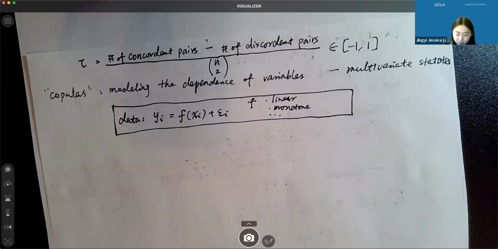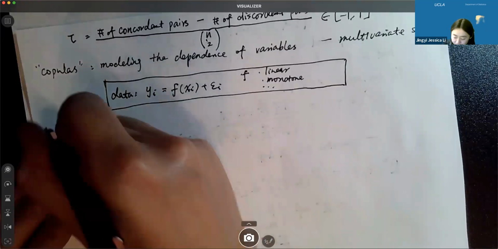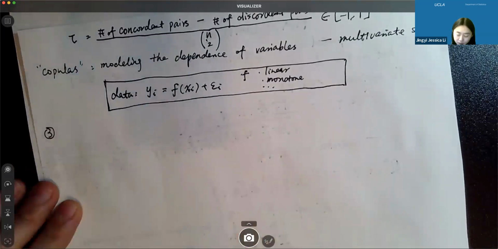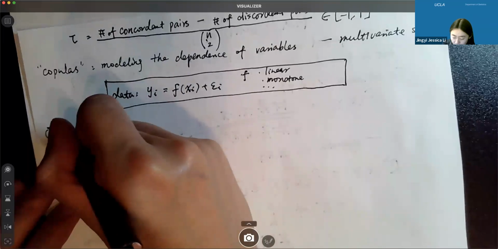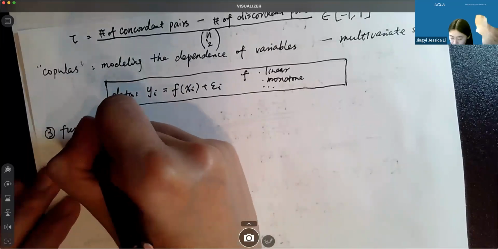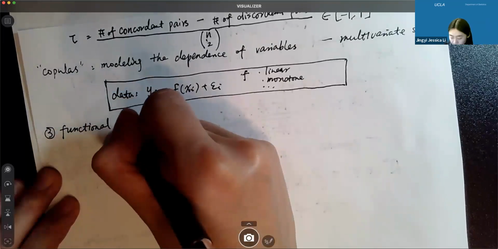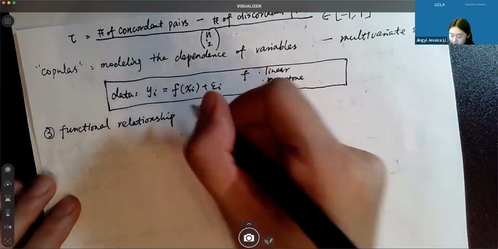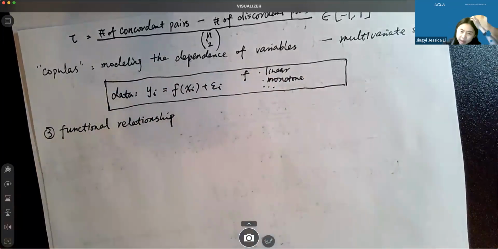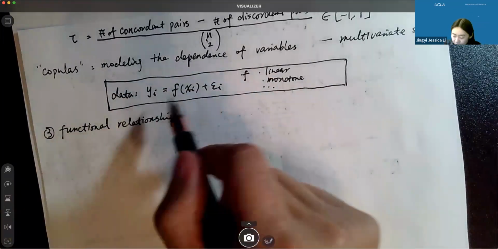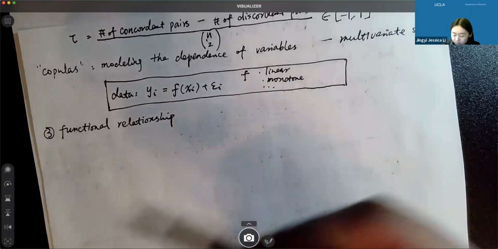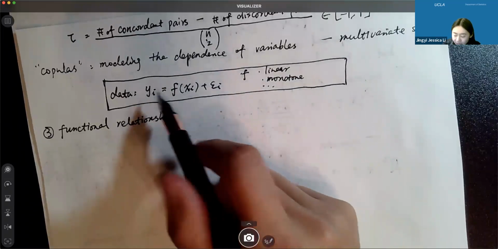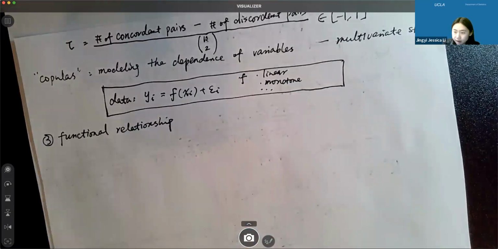First, the linear and monotone. And the third type of relationship I want to talk about is the functional relationships. But I also want to say that this is just one way to look at it, because putting the generative model in this way, we are basically considering x and y to be not symmetrical.